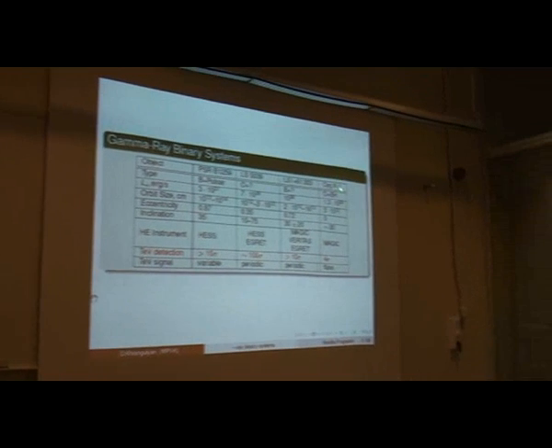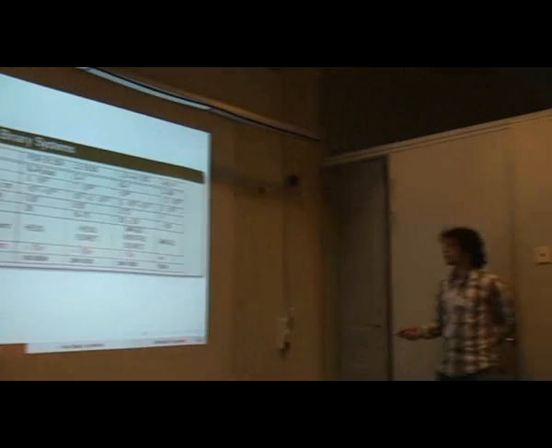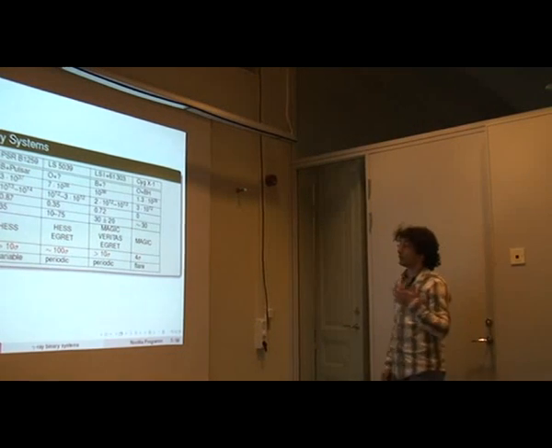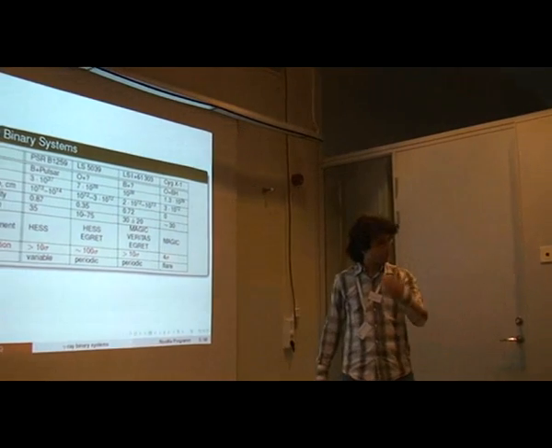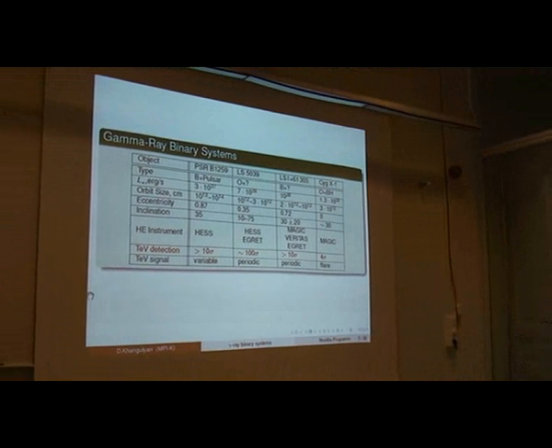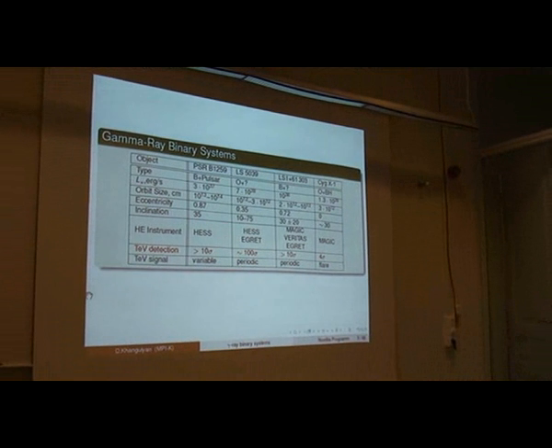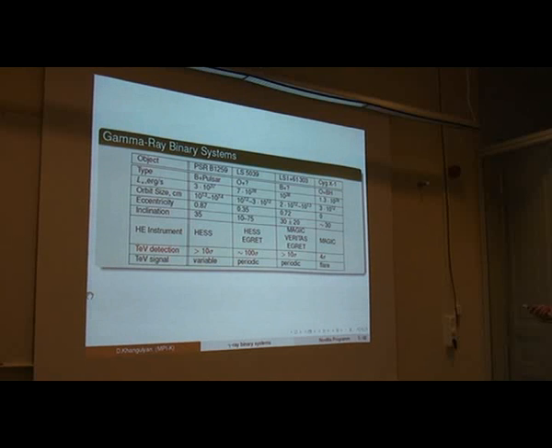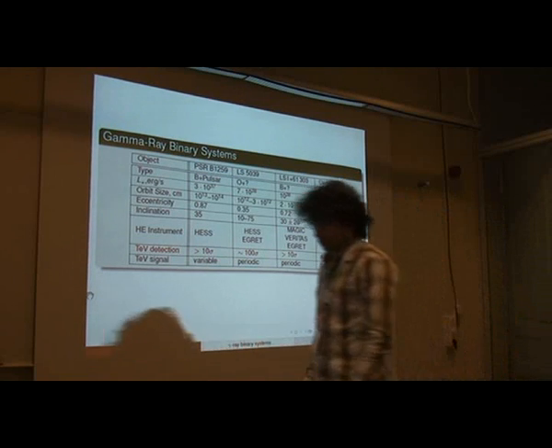And in the case of Cygnus X-1, the TeV signal was just one flare, which was detected with the MAGIC telescope. Another important point is that the nature of the compact object is quite different. It might be either a pulsar or a black hole, and in these two systems it is not clear what the nature of the compact object is.